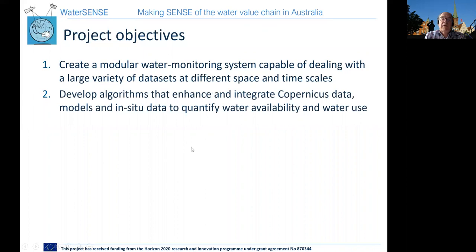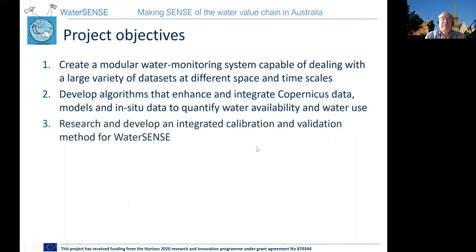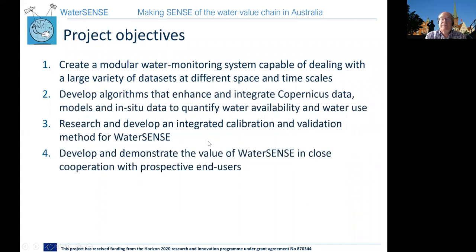We want to develop algorithms that use and enhance Copernicus data and that give information that is then useful for applications. And we are researching and developing integrated calibration and validation methods for the WaterSense data and results.